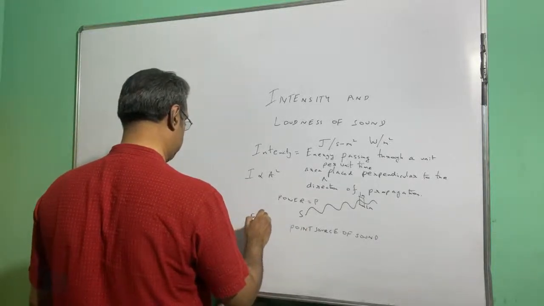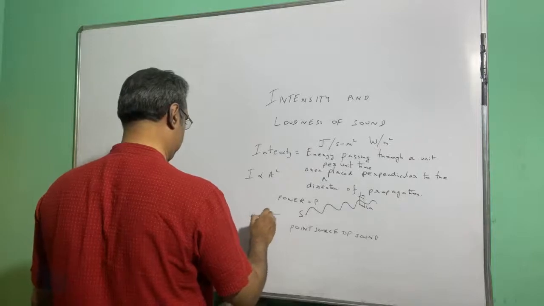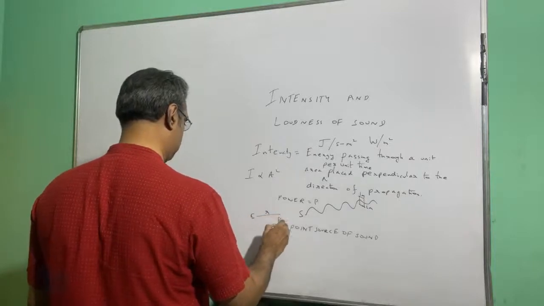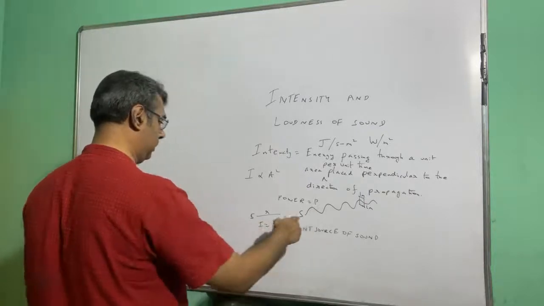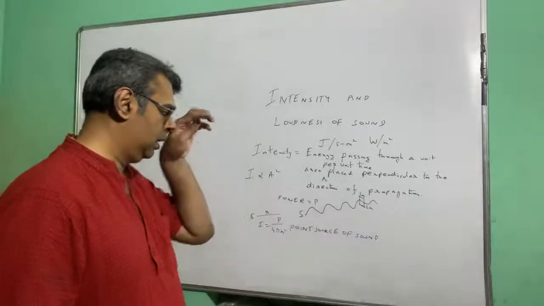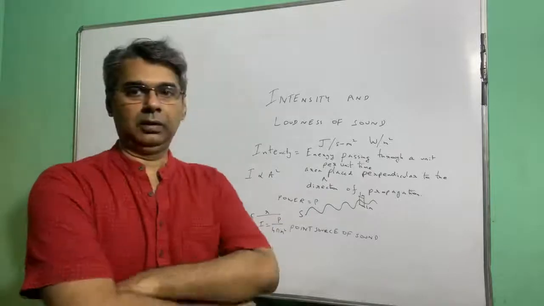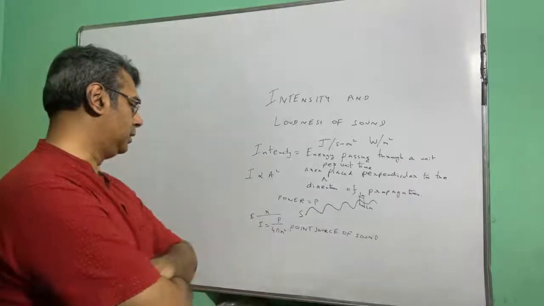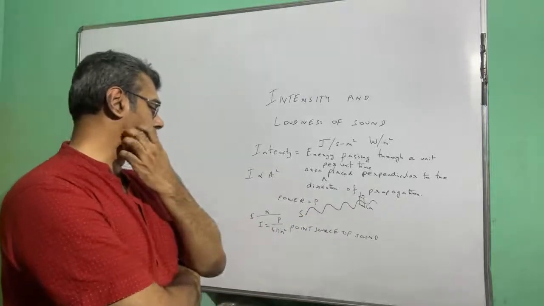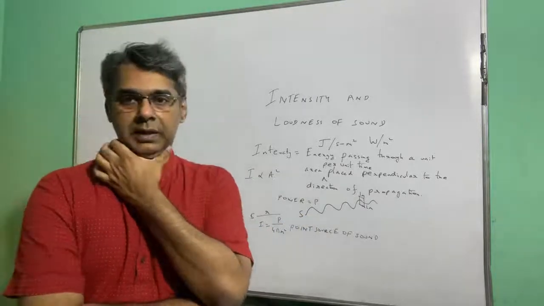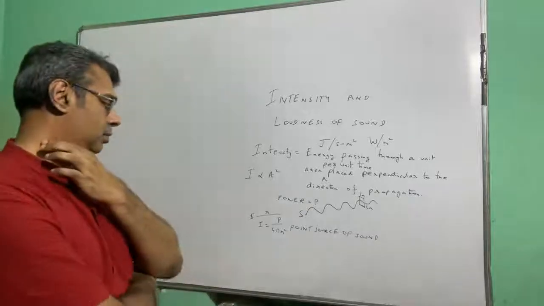Then at a distance R, the intensity will be P divided by 4 pi R square. So at a distance R from the speaker, the intensity of sound will be power divided by 4 pi R square. So this is the formula for intensity, power divided by 4 pi R square, right?